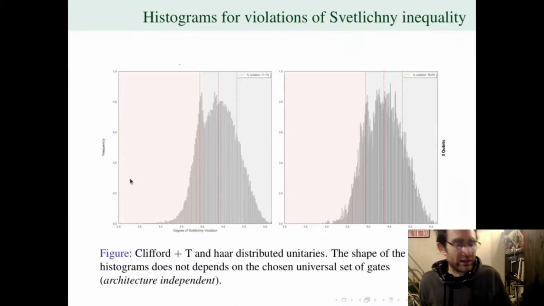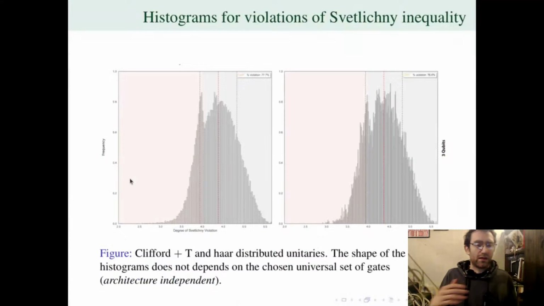So what we do is produce hundreds of thousands of copies, depending on the numerical experiments, of quantum random circuits, and for each quantum random circuit, we compute the maximal degree of violation of the Svetlichny inequality. And out of this, we build a histogram.